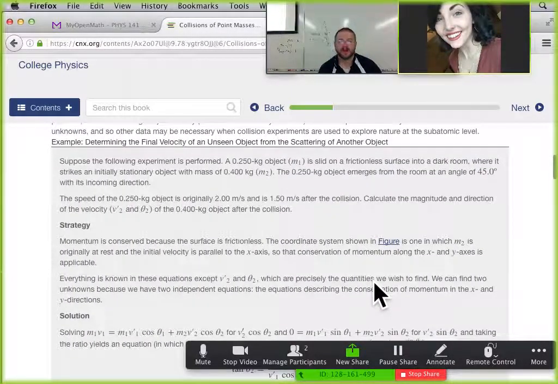So, this is a great example of what we do in subatomic physics and even in interstellar physics and intergalactic physics. We're often trying to figure out what's going on inside of a dark room.